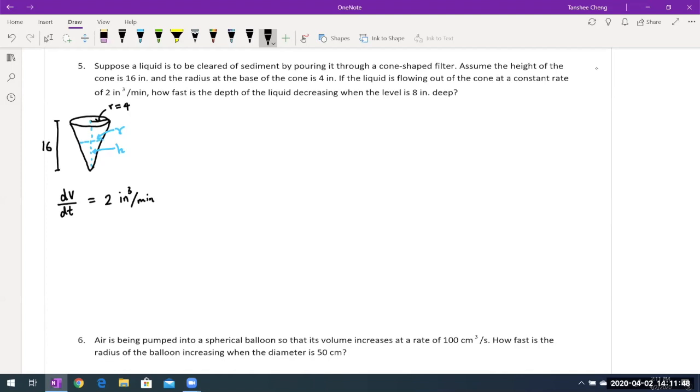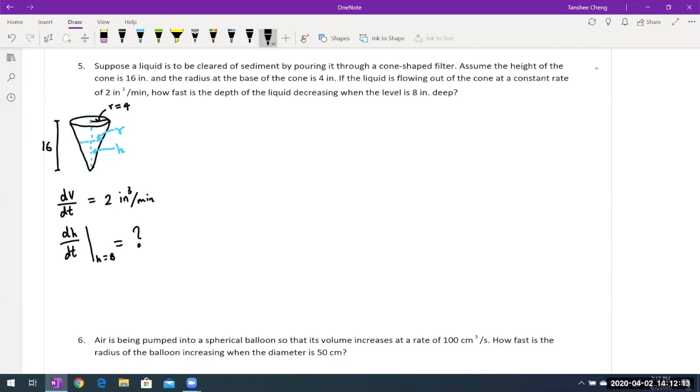So the rate of change in the volume is this. Now, what we are interested in is how fast the depth of the liquid is changing when it is 8 inches deep.